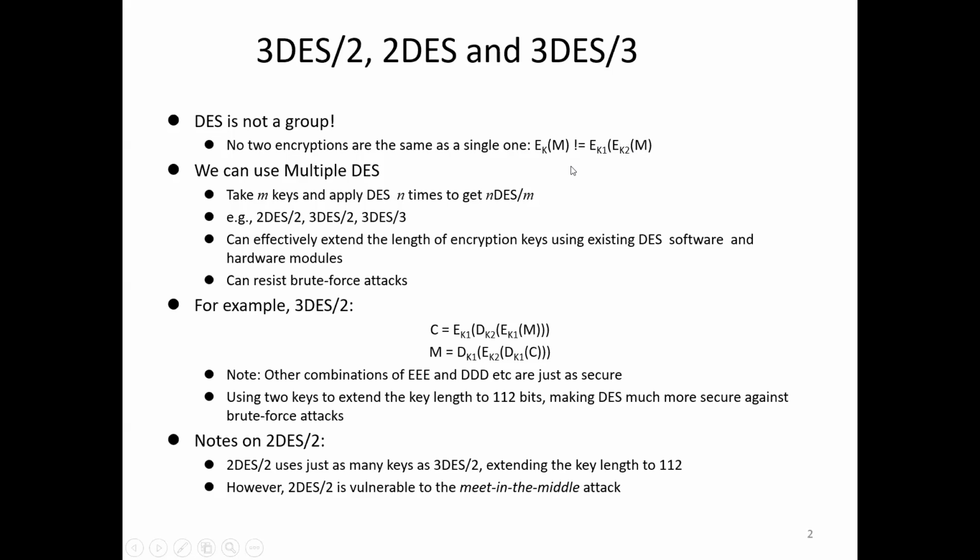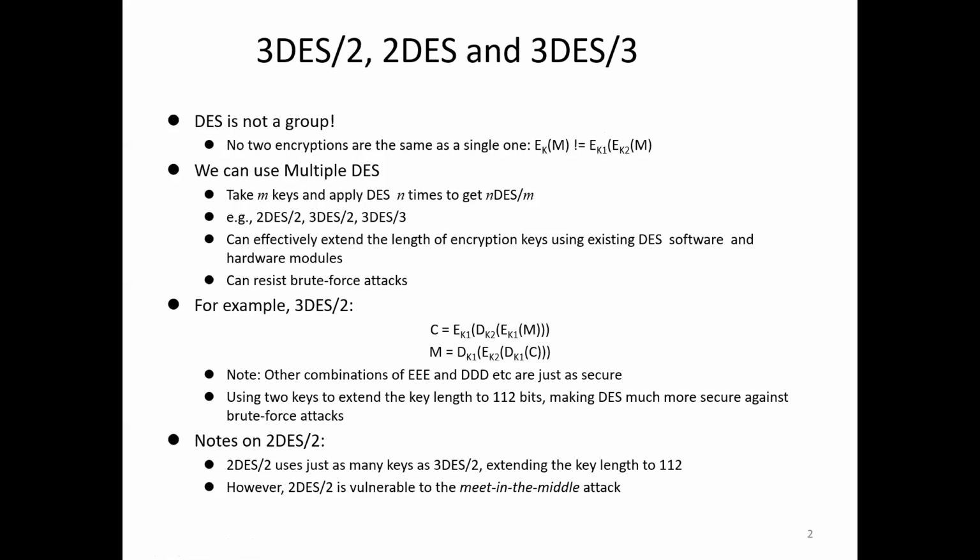So in other words, for any K1, K2, and K, this inequality holds. Applying DES once with K is not going to be the same as applying DES twice with 2 different keys.